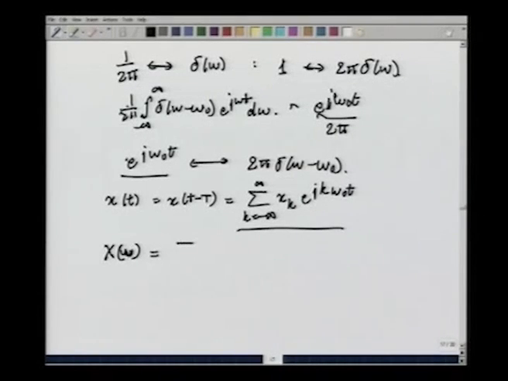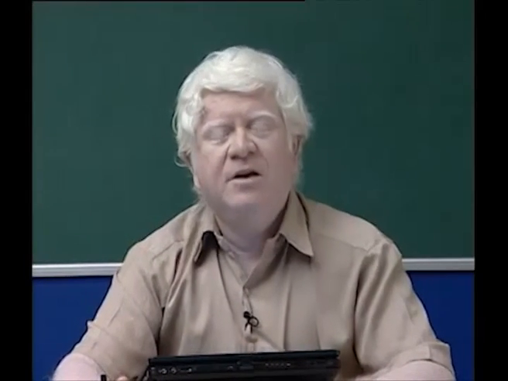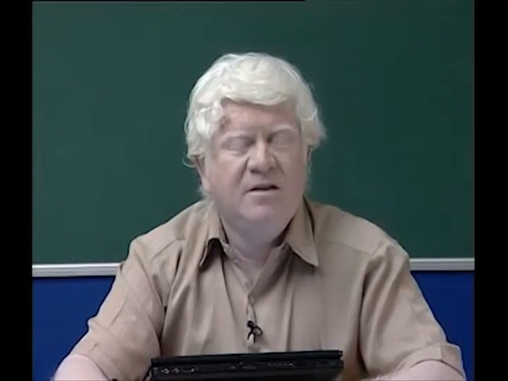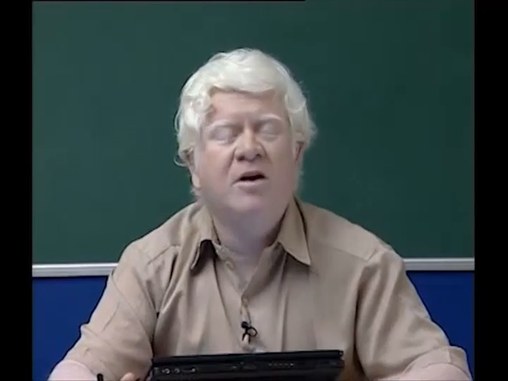So, you get a summation k equals minus infinity to infinity of 2 pi x k delta omega minus k omega naught. This is what you have. Now, we have a means of representing periodic non finite energy but finite power signals in the time domain in terms of a Fourier transform representation that is now possessed of impulses.